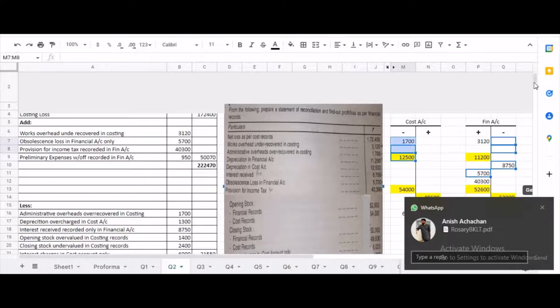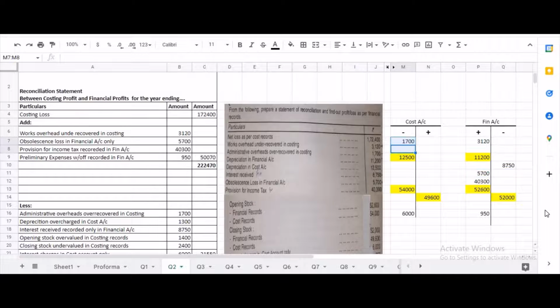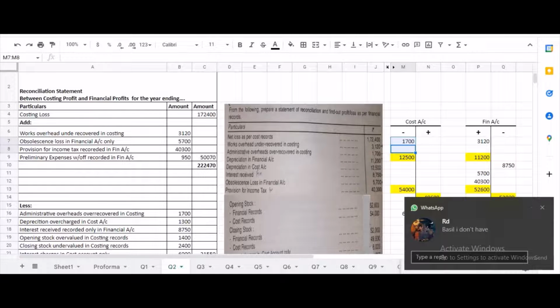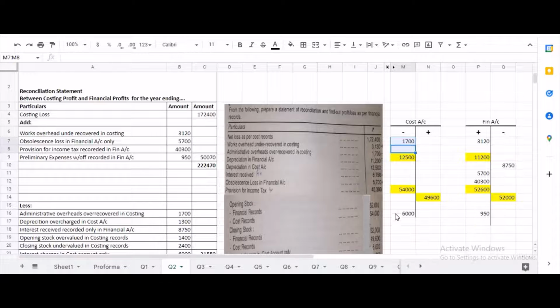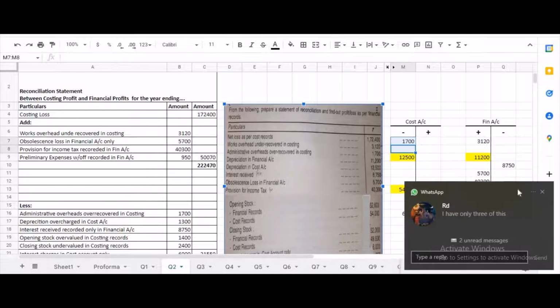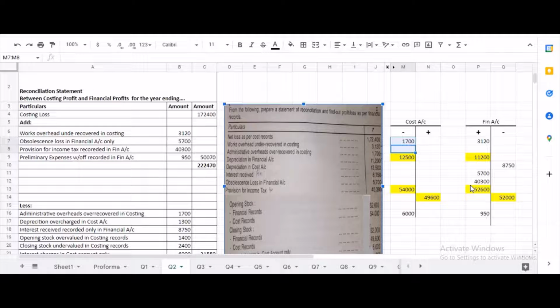So opening stock and closing stock. Let's see, the opening stock is 52,600 in the financial account. Cost accounting is 50,400.